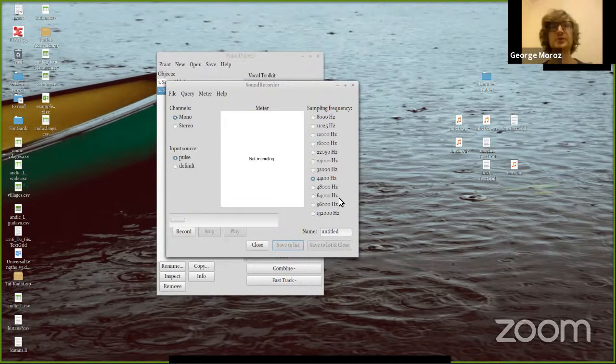Why? Because if the frequency is low, then the computer needs some approximation between values. For instance, if you get data 2 times per second, the computer will need some kind of approximation between these two values. So the sampling frequency corresponds to the highest frequency in the sound that you analyze.